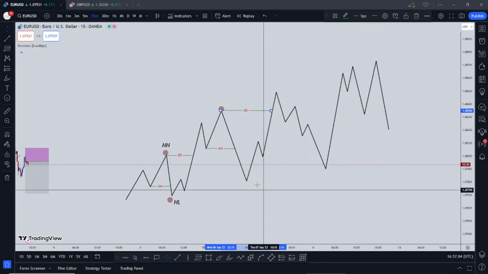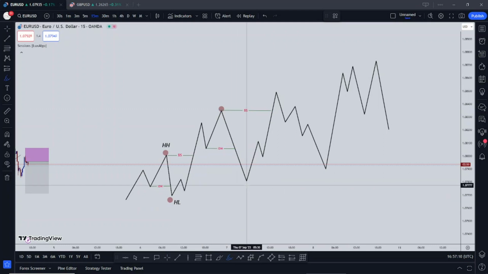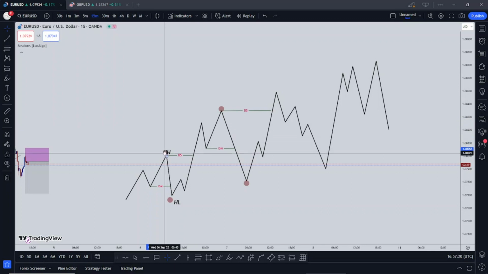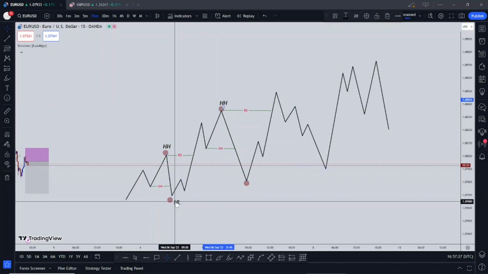And we look at the lowest point the market came before going to break the higher high, and we call it what? A higher low, which is right over here. See how simple it is? So easy. Now we have here our higher high, and here our higher low.